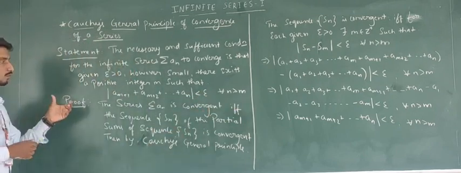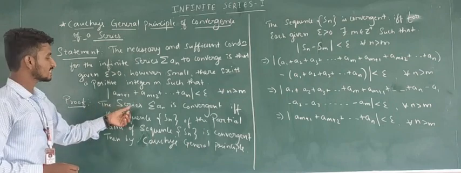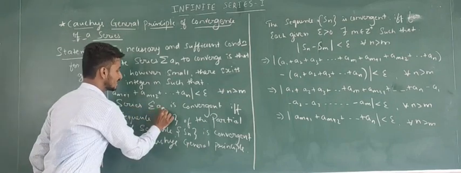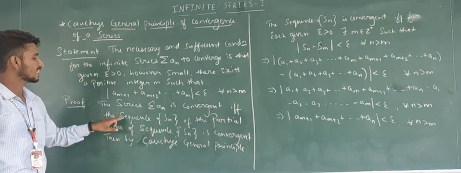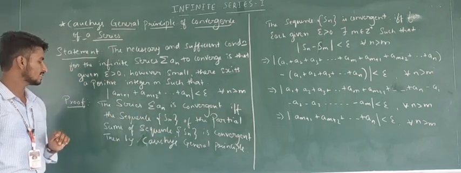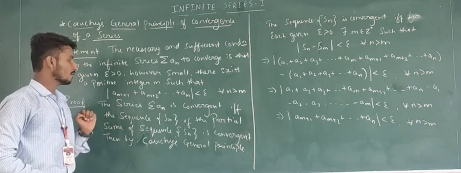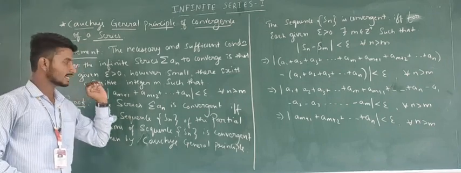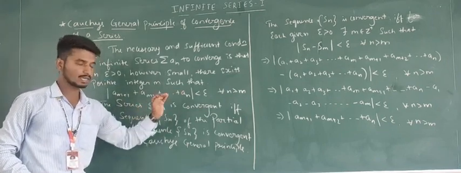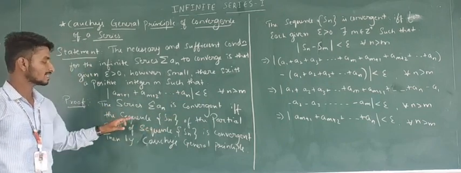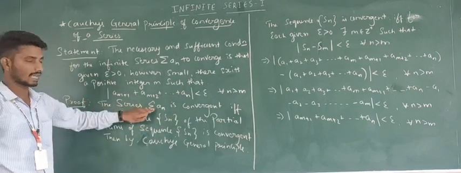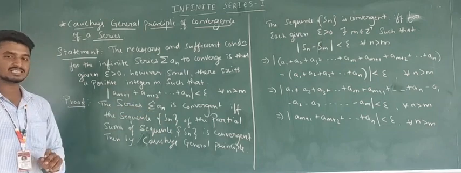For the proof, the series summation of an is convergent if and only if the sequence Sn of partial sums is convergent. If summation an is convergent, then the sequence Sn is also convergent.